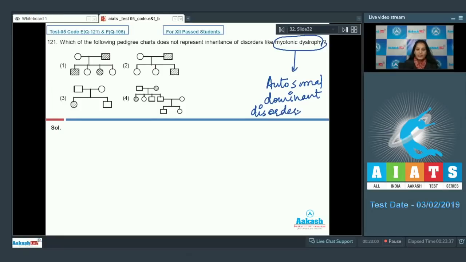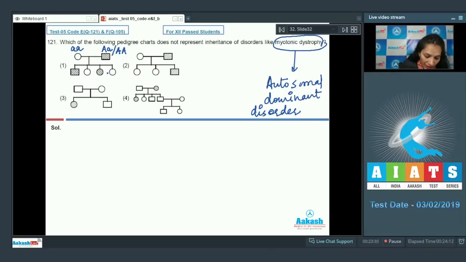Now see all the pedigree charts one by one. In the first case, if this parent is affected, it means it has that autosomal trait. So it should be capital A, small a, or it can be capital A, capital A. Here it should be small a because this female is not affected.